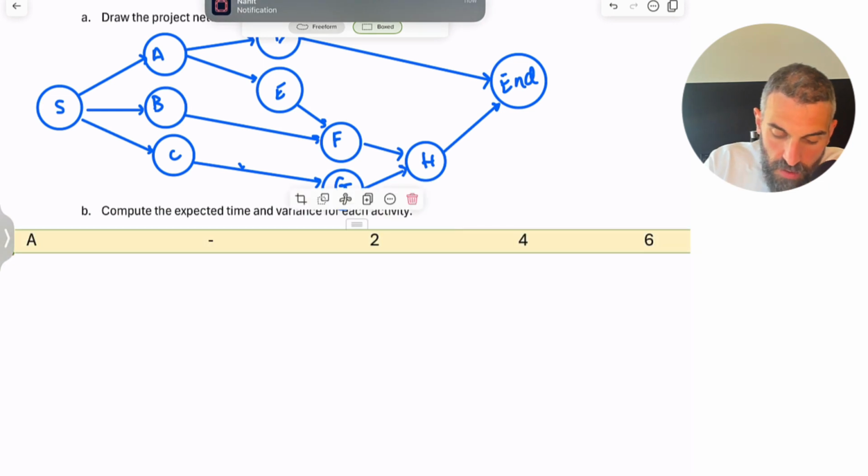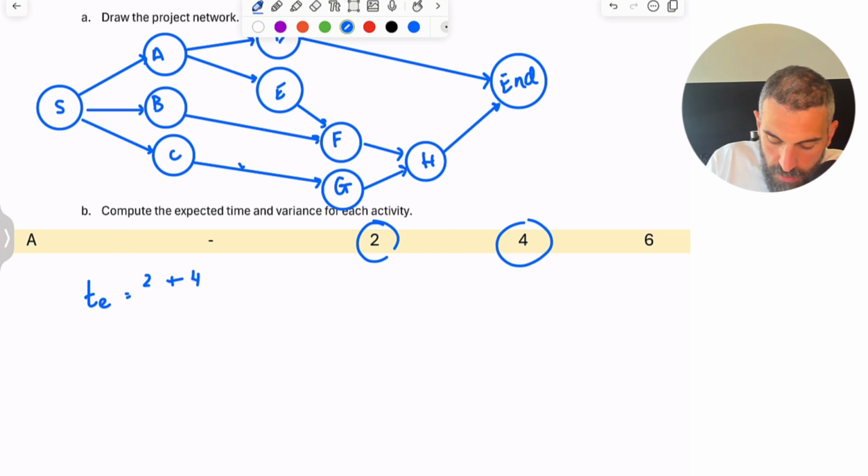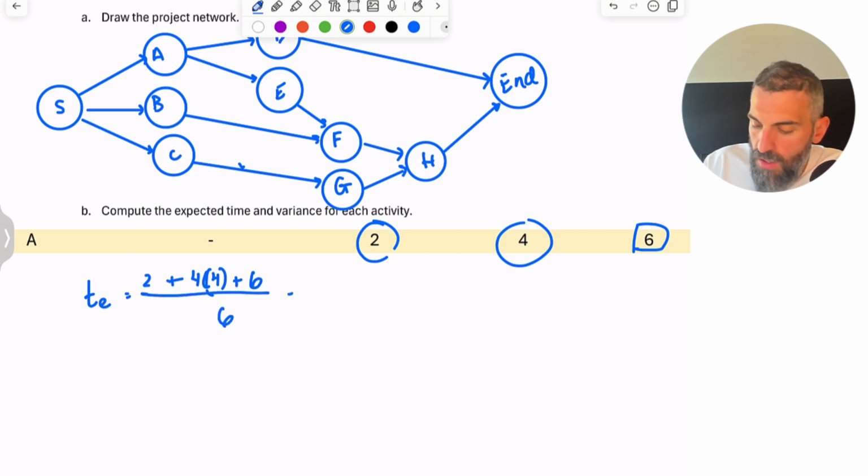So for the expected time, you're going to take the optimistic time, so 2, plus 4 times the most likely, so 4 times 4, plus the pessimistic, all that divided by 6. And if you do the math, you're going to get 4 weeks for that. So it means that activity A will take on average 4 weeks to complete.